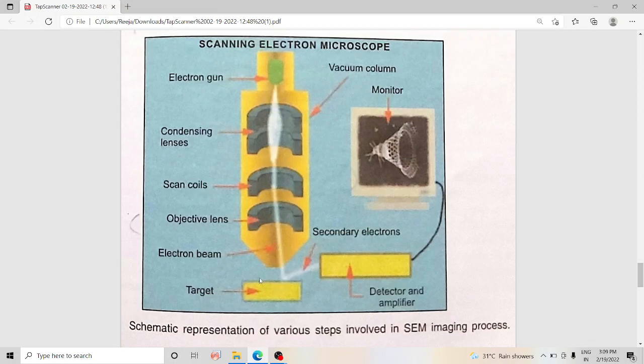It falls on the target which is placed in the sample container, and the beam interacts with the sample. After the interaction, secondary electrons get produced, which will be detected by the detector, amplified, and we get an image of the sample placed here.